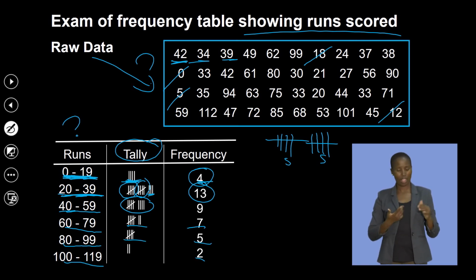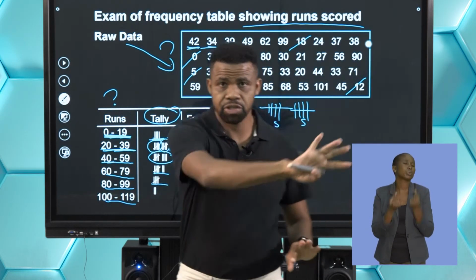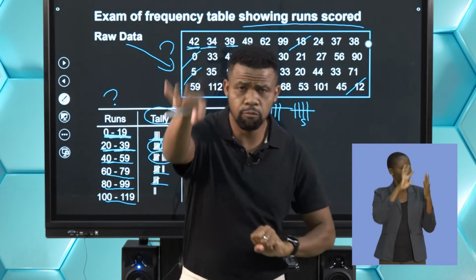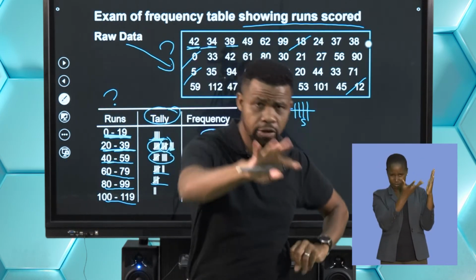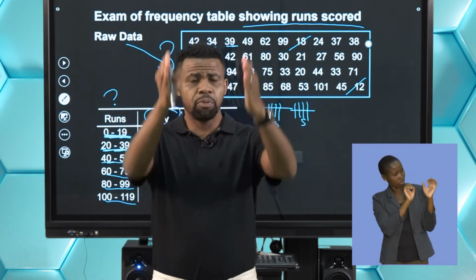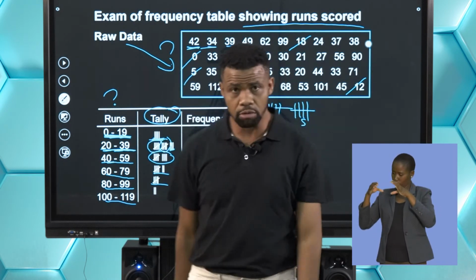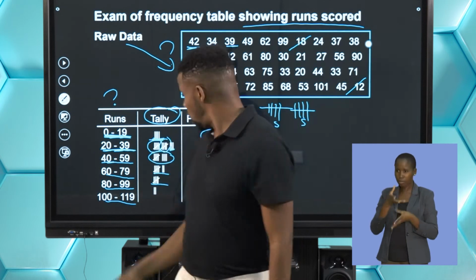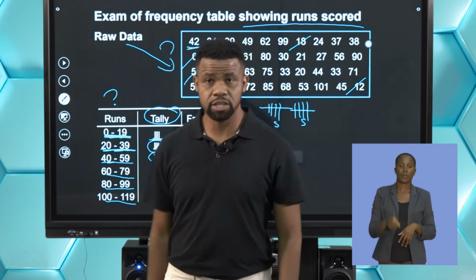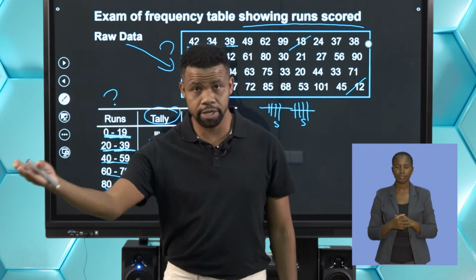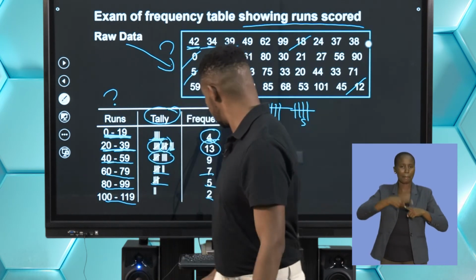So what we have done here is we took raw data and put it in groups. This is better. I want to know how many of the players actually get between 0 and 19 runs. We can see there are 4 of them.